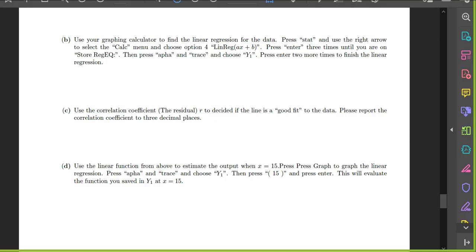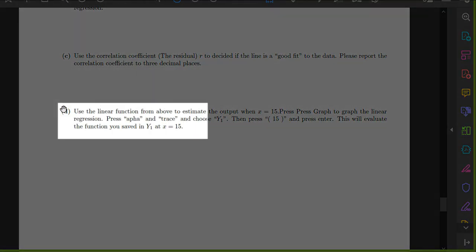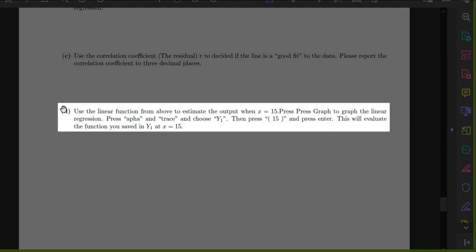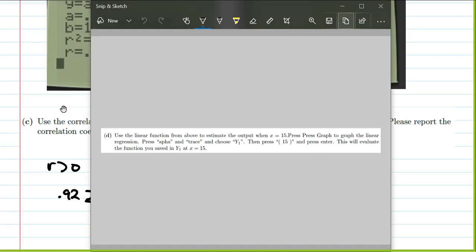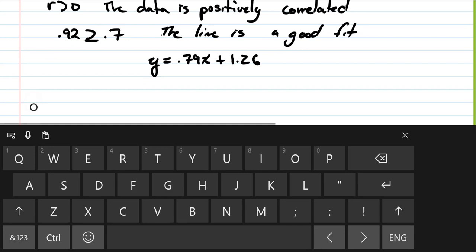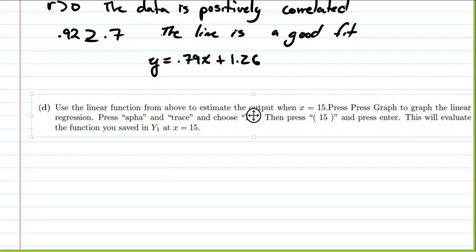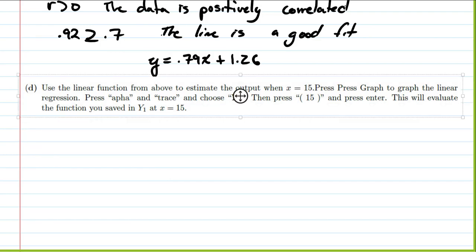So now the last thing we were asked to do was use the linear regression from above to estimate the output when x equals 15. So if we are doing an estimation of x equals 15, are we doing extrapolation or are we doing interpolation?